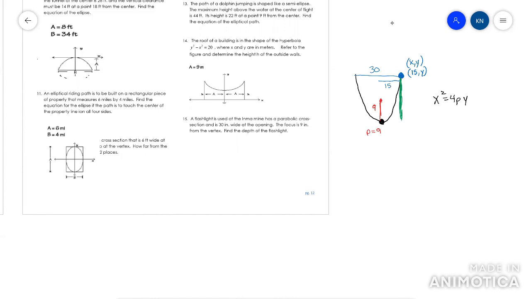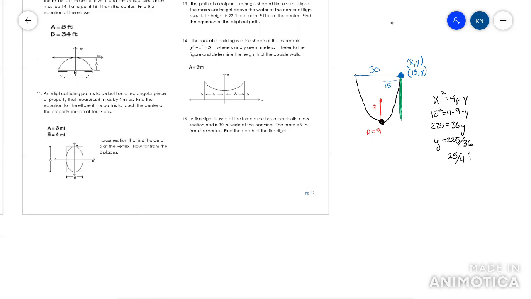And so now you just plug it in. So x was 15. So 15 squared equals 4 times p-value was 9 times y. So that's 225 equals 36y. So you divide and you get 225 over 36, which if you reduce that, you get 25 over 4.